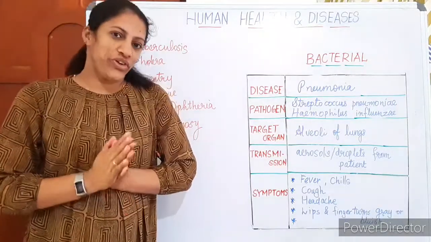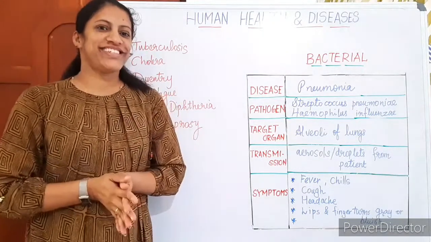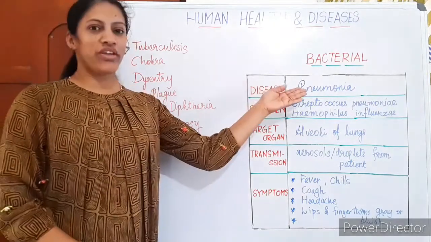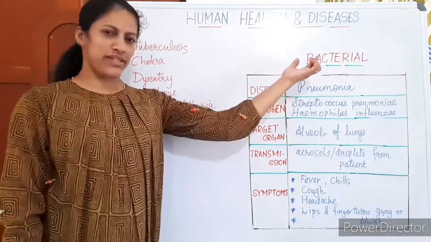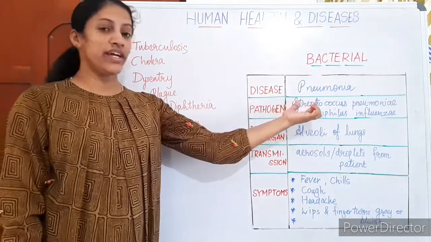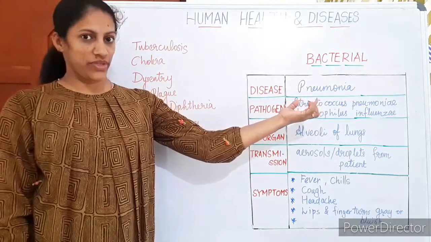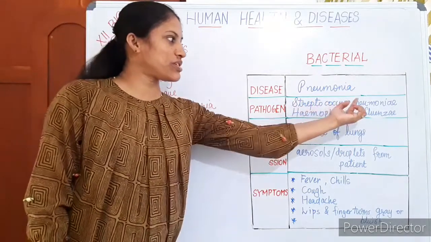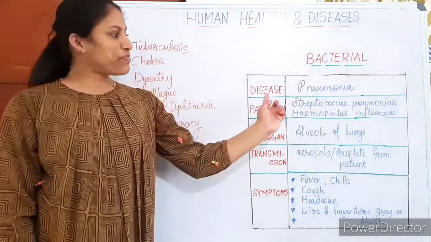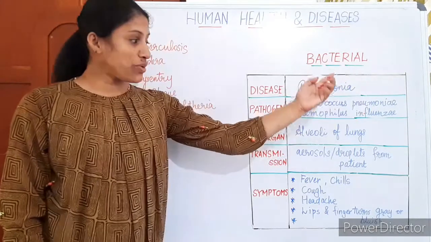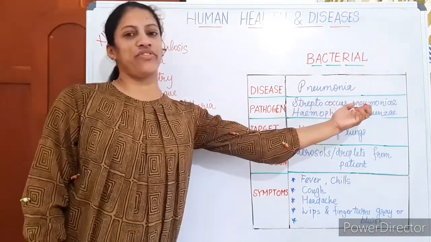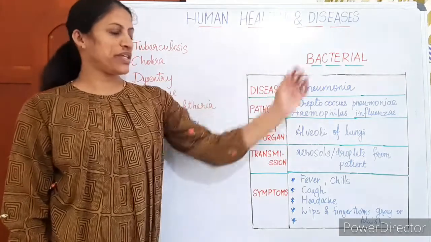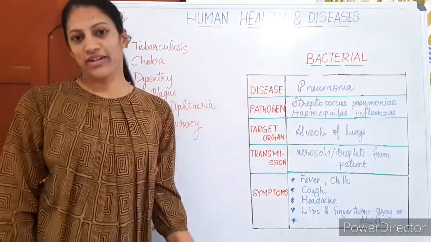So for you, the next bacterial disease is pneumonia. This also you are familiar with. Pneumonia is a bacterial disease caused by these two bacteria. The most common pathogen is Streptococcus pneumoniae, and also Haemophilus influenzae. Both these bacteria can cause the disease pneumonia.